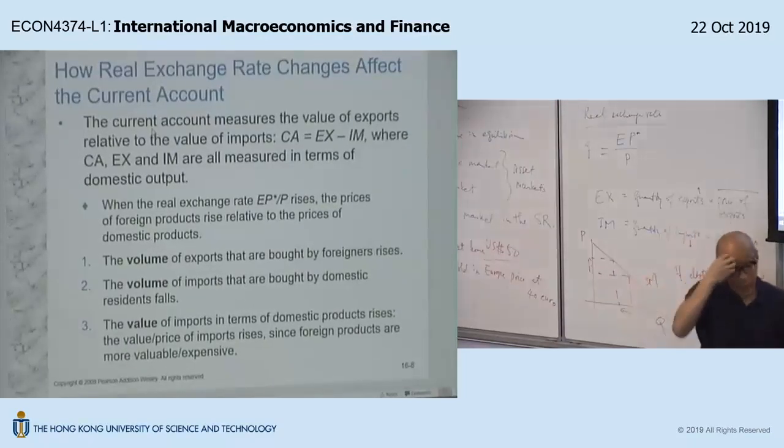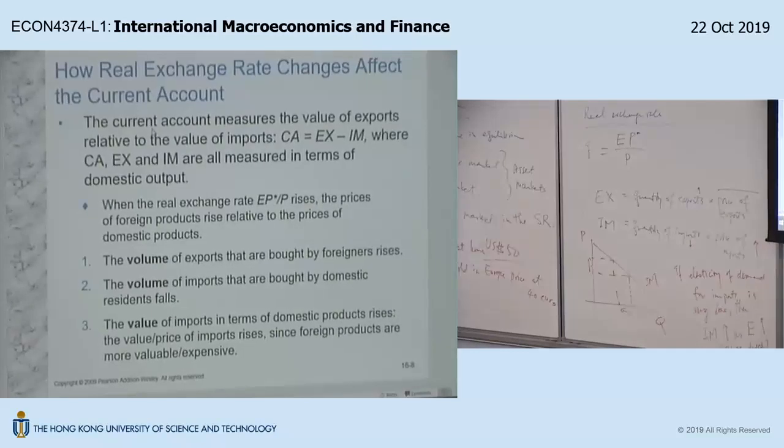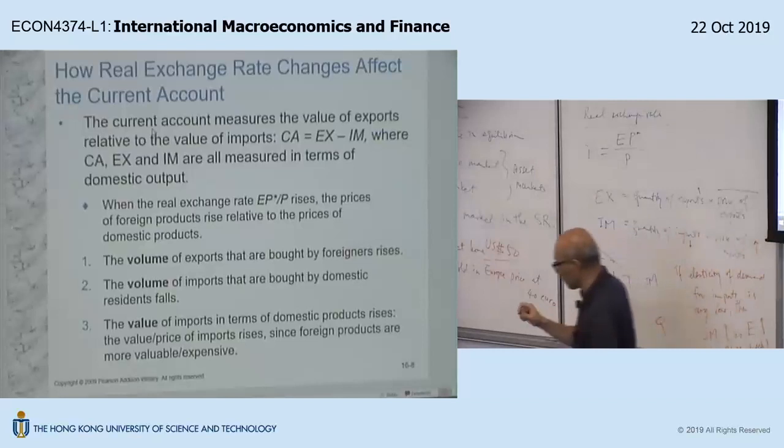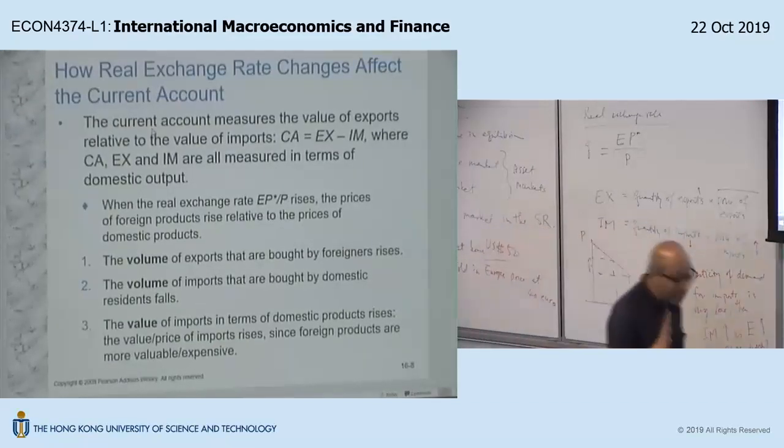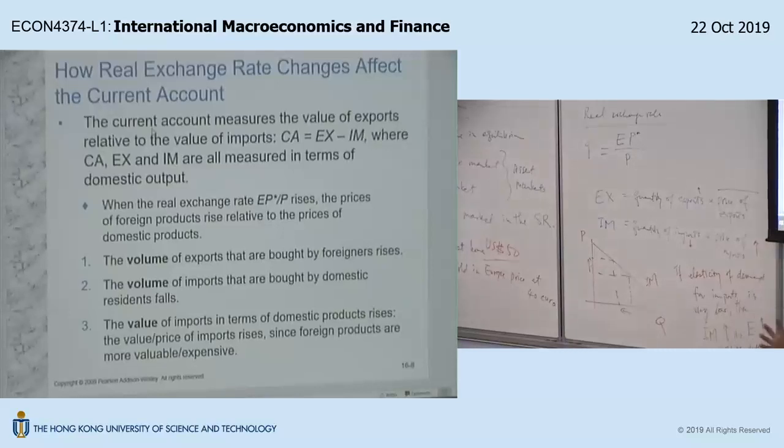A more sophisticated analysis of this is in the appendix of this chapter. There is a condition called the Marshall-Lerner condition, which we'll discuss later.